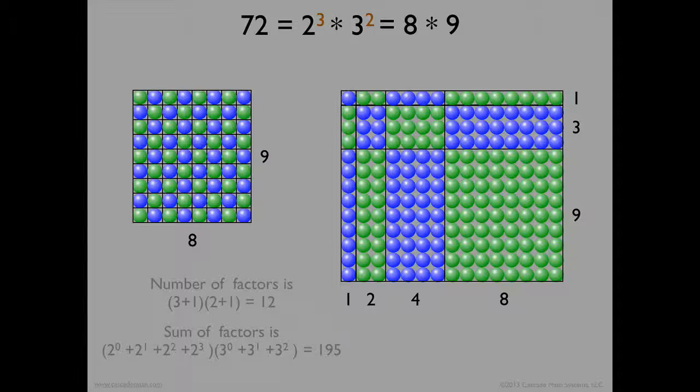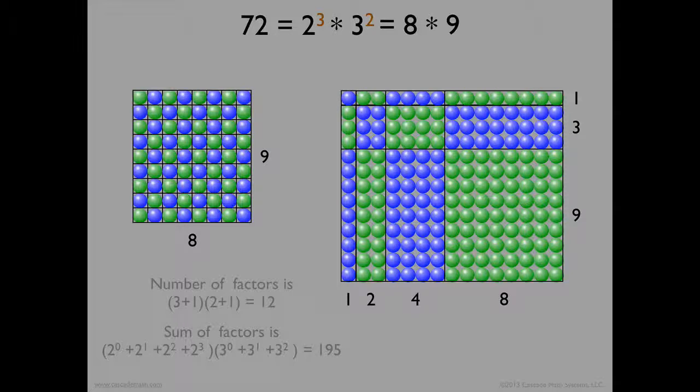Now, if we look carefully at this figure on the right that we've developed, we can see that there are 12 factors, and if we look, we have 1 plus 2 plus 4 plus 8 times 1 plus 3 plus 9, which is the formula for the sum of the factors.